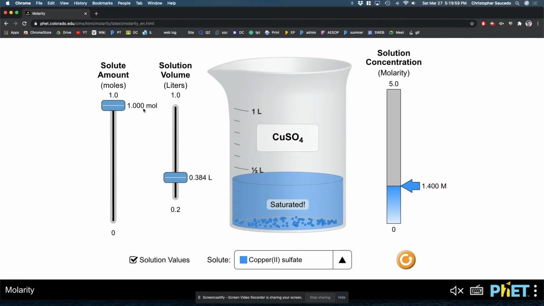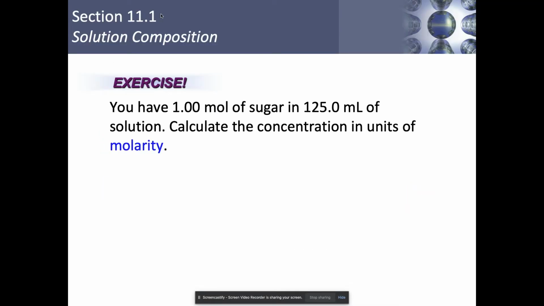If you were to take this number here and divide by this number here to get molarity, you would not get 1.400. On the AP exam, you can assume that we're not talking about anything that would start to become saturated.